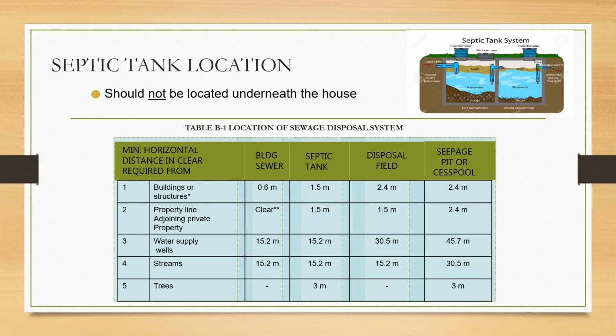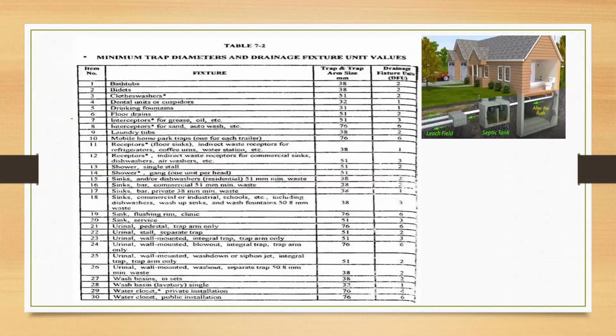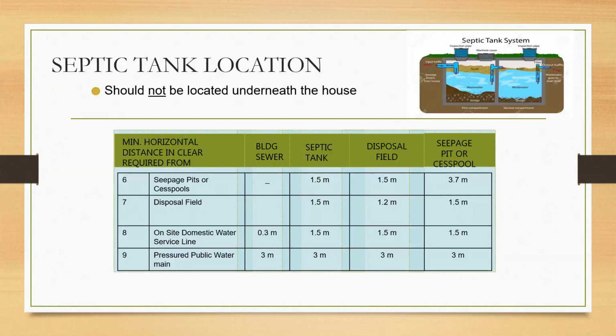Okay? So, next. Meron din po tayo rito from pressured for number 9, pressured public water main 3 meters po naman. Okay? So, take note po sa mga minimum values.